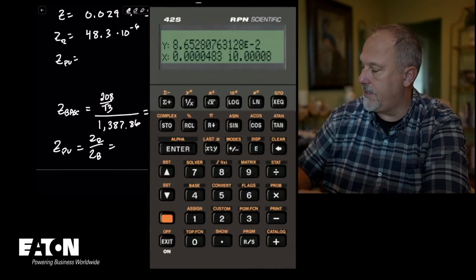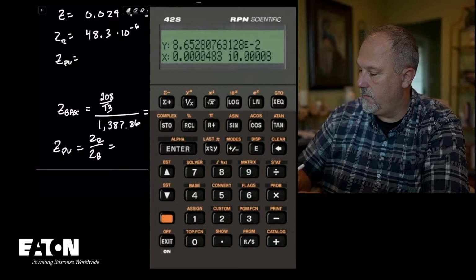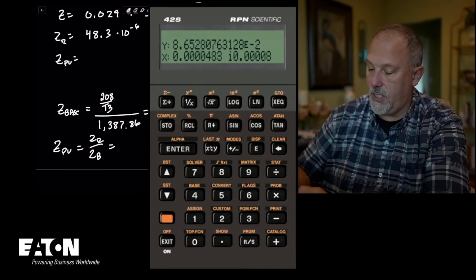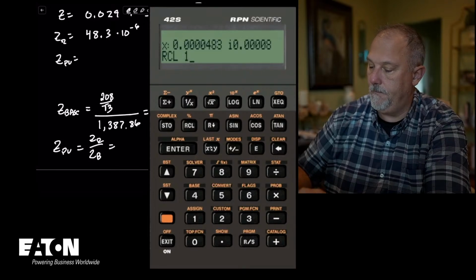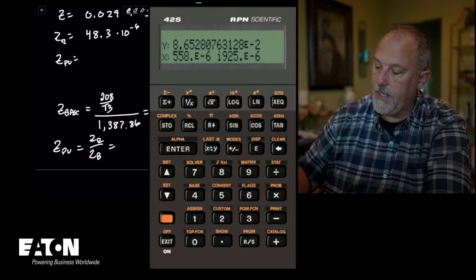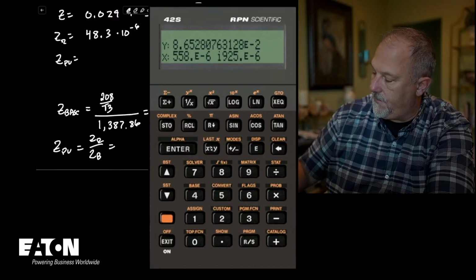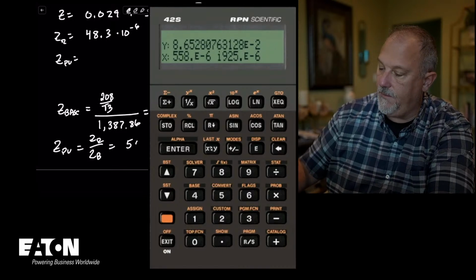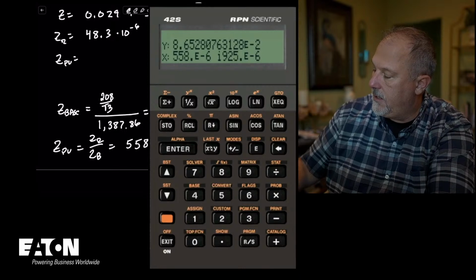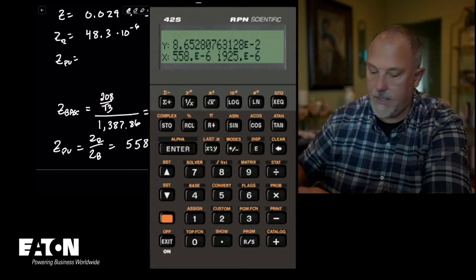There we go. Then I'm going to divide that by the base, which is recall 1, enter, that 8.652. So that is 558 times 10 to the negative 6th plus j 925 times 10 to the negative 6th.